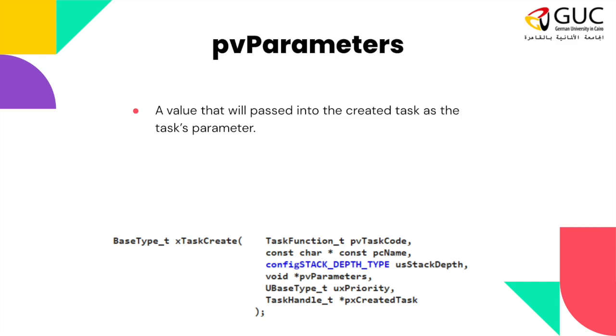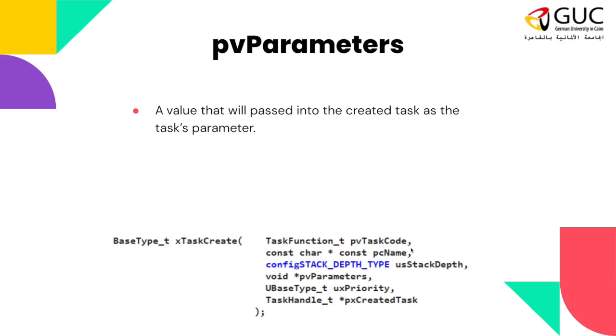So we may have a function implemented in our code. This function can result in multiple tasks, like the display function. I may have implemented a display function in my code. However, I can create two tasks from this display function. One task prints hello world, and the second task will print hi embedded systems.